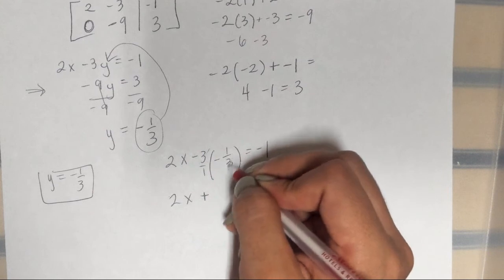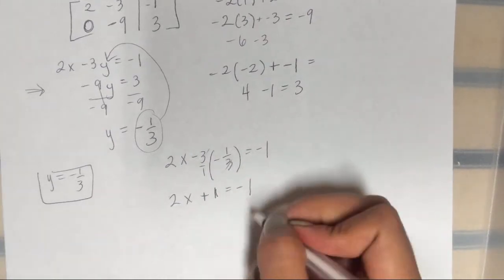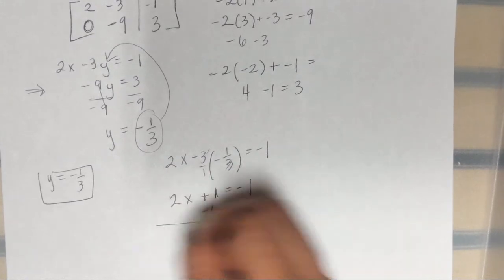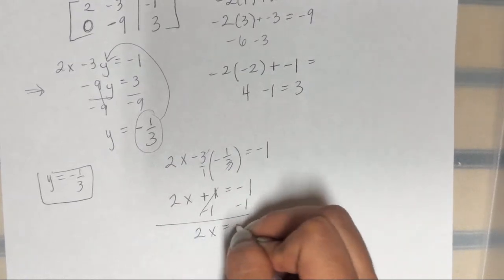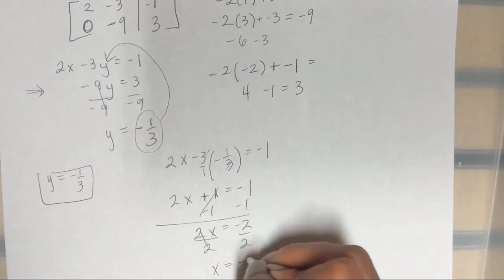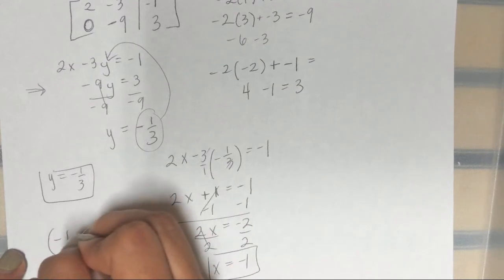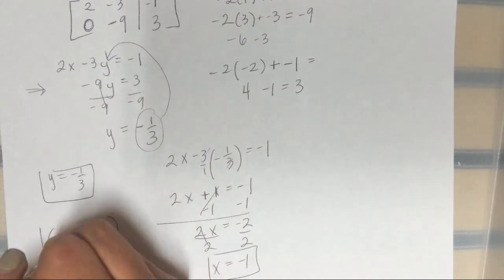These 3's cancel out, so you get 1. And then it equals negative 1. Subtract 1 on both sides, so 2x equals negative 2. Divide by 2. So x equals negative 1. So my answer in this case is going to be negative 1 comma negative 1/3.